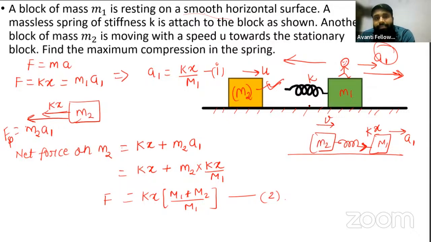Now, in the case of maximum compression, what will happen? The velocity of block M2 with respect to M1 will become 0.